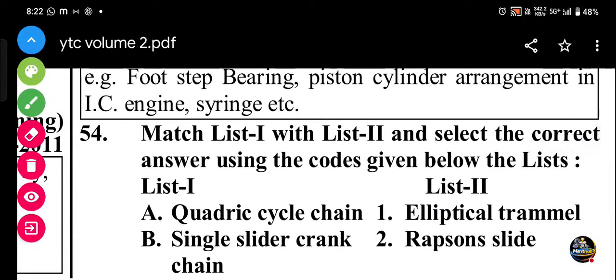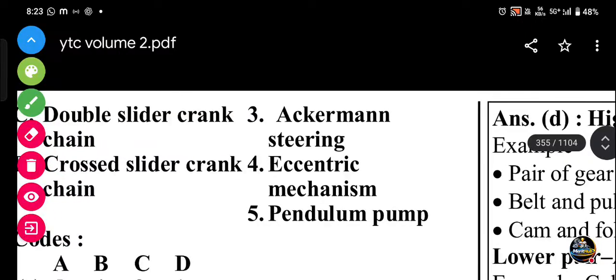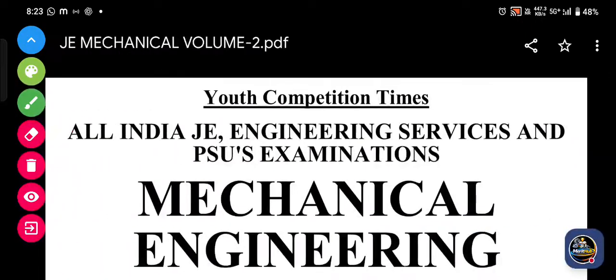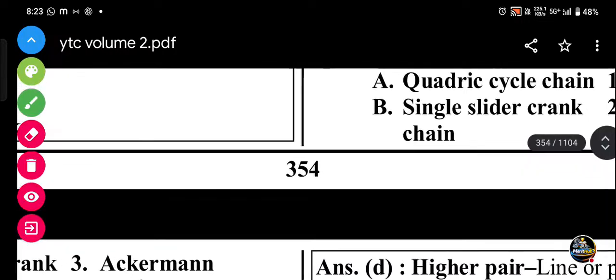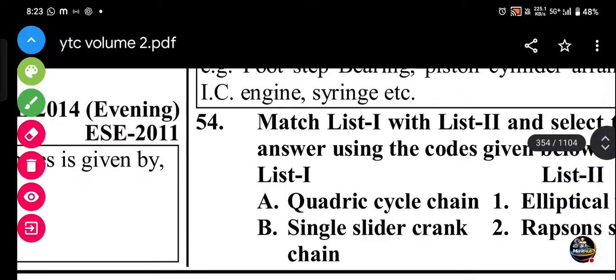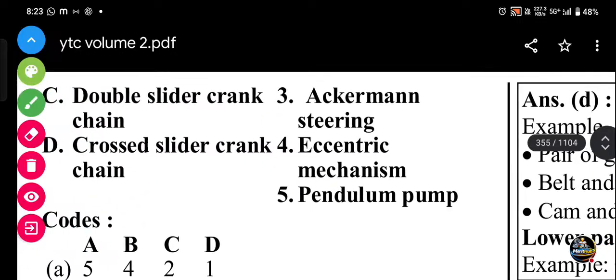List 2 has Ackerman steering, eccentric mechanism, pendulum pump, elliptical trammel, Rapson's slide. Double slider crank, we know that double slider crank is the elliptical trammel. So C is 1.